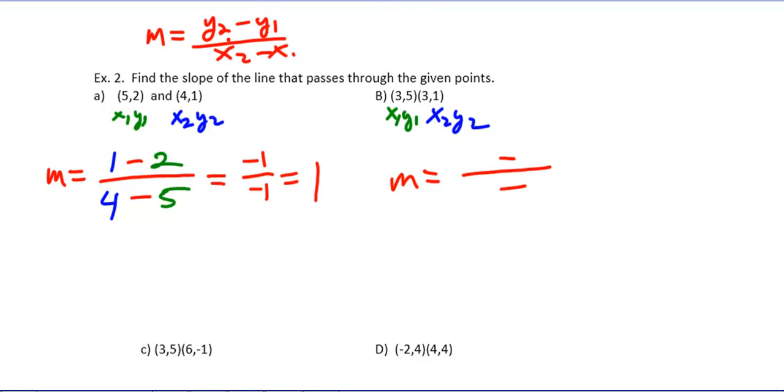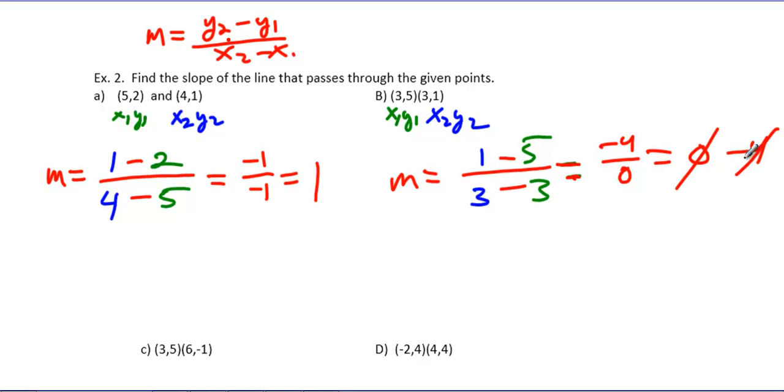As I go to do my substitution, y2 is 1 minus 5 over 3 minus 3. So let me go ahead and simplify again. We go top by top, bottom by bottom. 1 minus 5 is negative 4. 3 minus 3 is 0. And negative 4 divided by 0 is not 0. Is not negative 4. It is undefined.